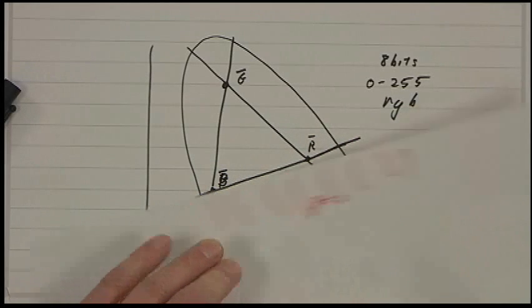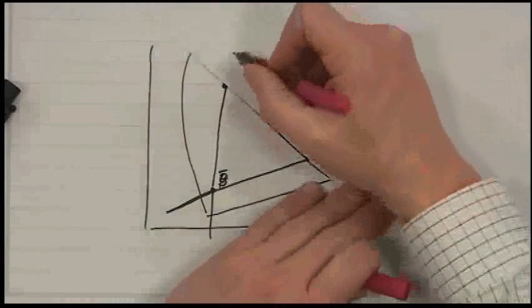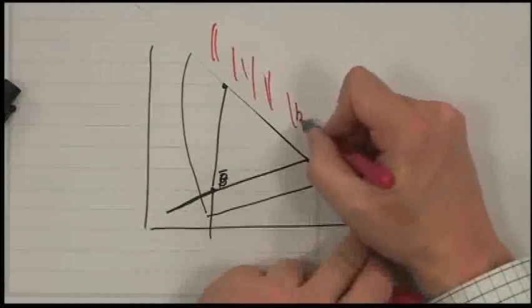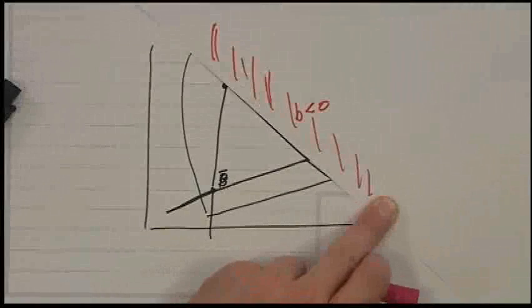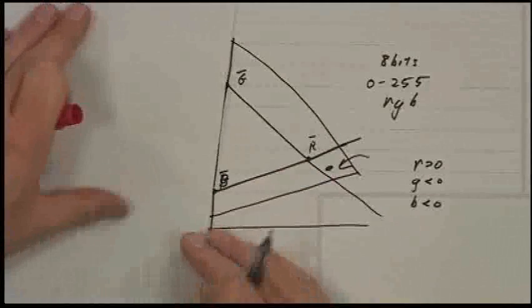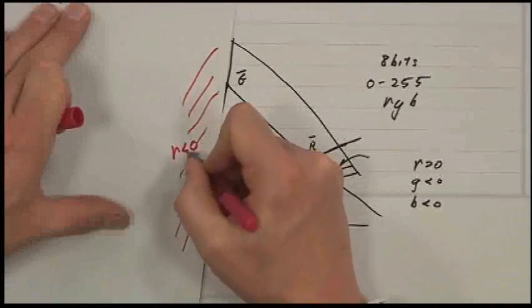And this section here is B less than 0. And this section over here is R less than 0.